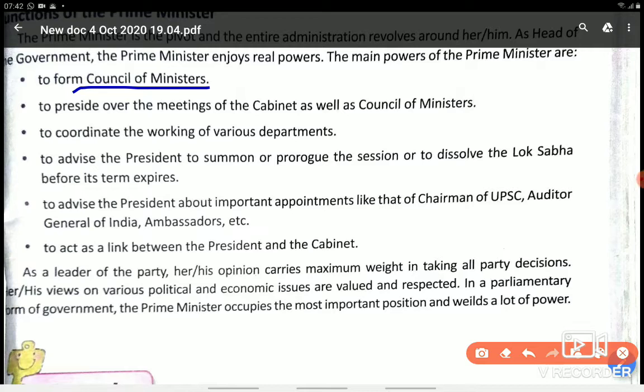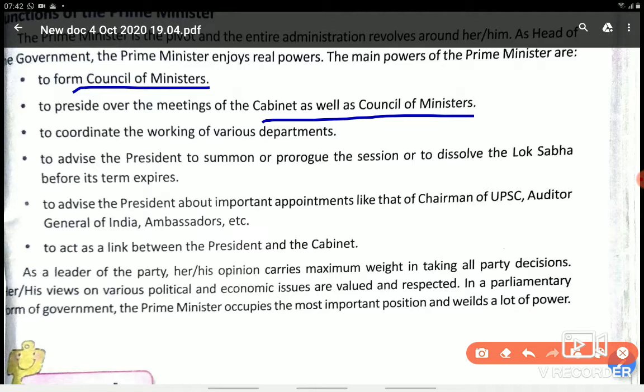He will also preside over the meetings of the Cabinet as well as the Council of Ministers. He will also coordinate the working of various departments. There are different departments: Education Department, Water Supply Department, Electricity Department. So he will coordinate and manage.